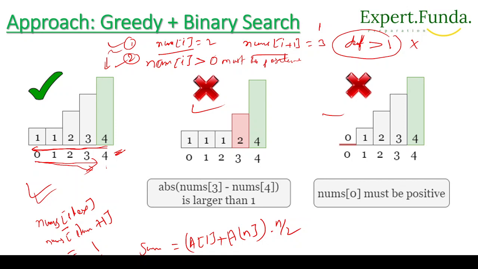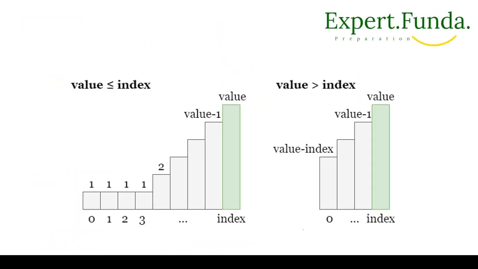This is the arithmetic sequence formula we will use, where a1 and an are the first and the last term of the sequence, and n is the length of the sequence. So let's suppose we take the sum as a1 plus an, and we multiply with n by 2.